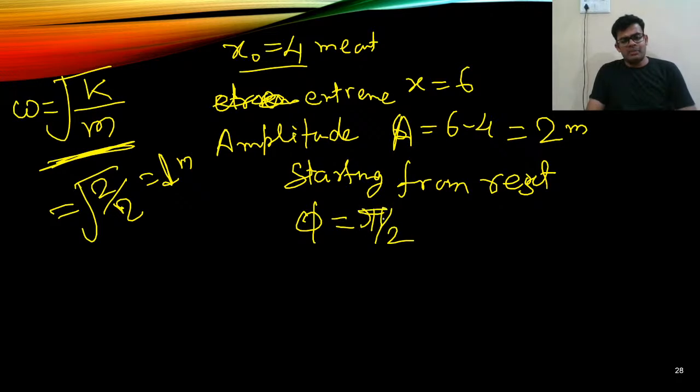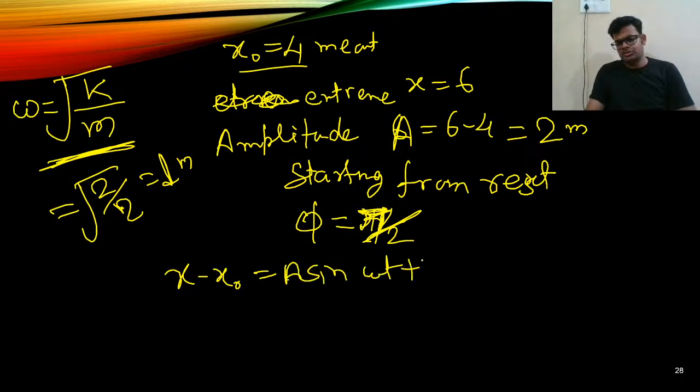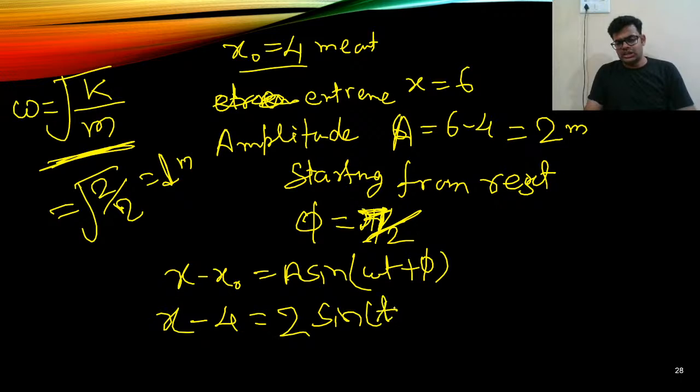Whenever particle starts its motion from extreme position, then phi will be equal to pi by 2. So what will be the final equation? x minus x naught is equal to A sine omega t plus phi. This will be the equation. x minus 4 is equal to A is 2 sine omega is 1 into t, so t plus phi. Phi will be equal to pi by 2.